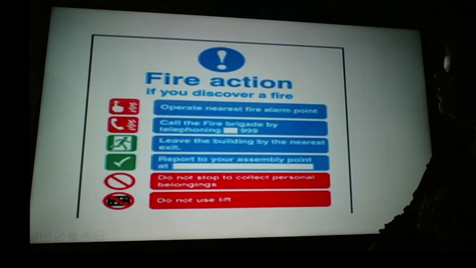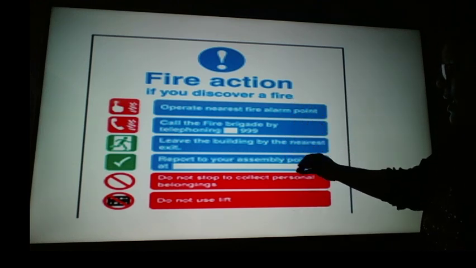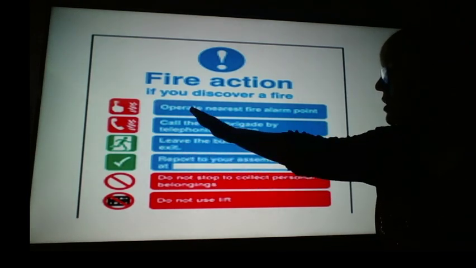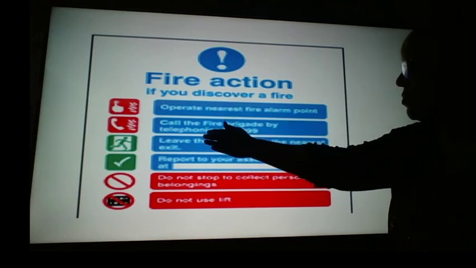So if you've got an instruction text and it's about what to do in a fire action, it's usually set out in steps in this way, and sometimes there's a use of colour. You can see the symbols on the side will show you what to look for.